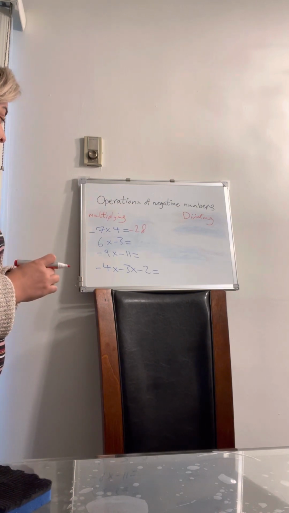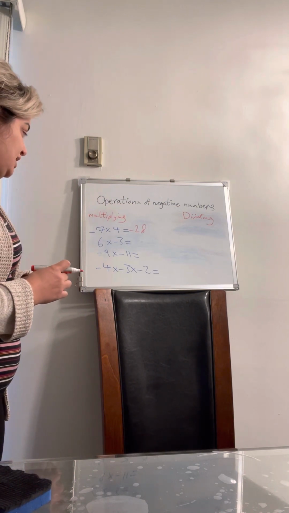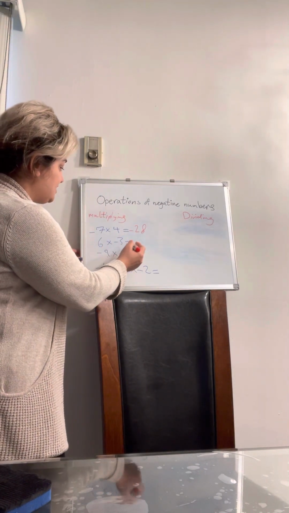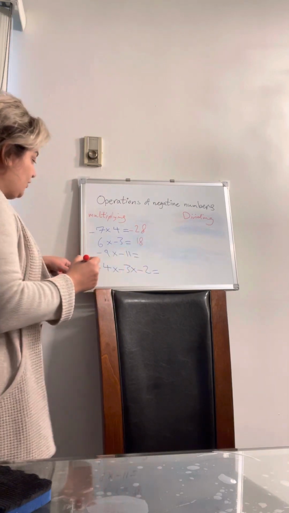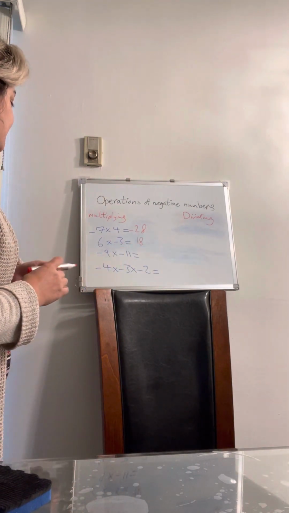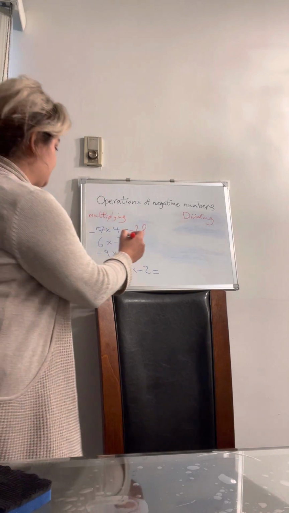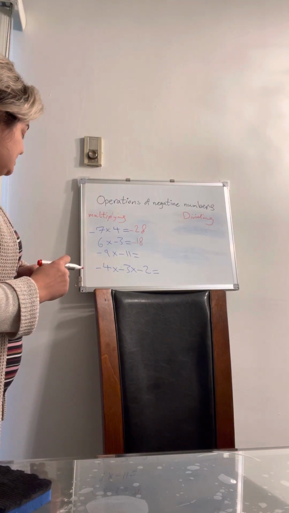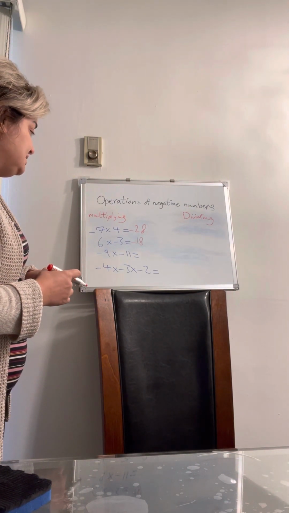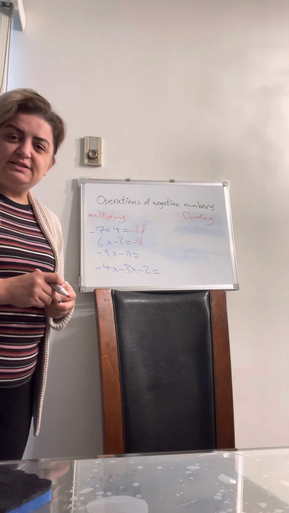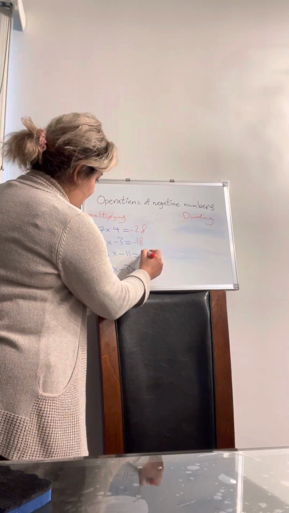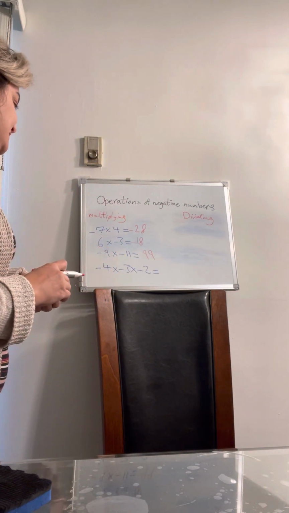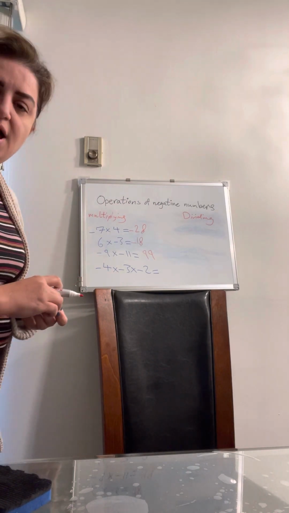The second example is 6 times negative 3. First, we multiply the two numbers together. 6 times 3 is 18. We look at how many negatives we have in the example. One. We bring it before our answer. The third example is negative 9 times negative 11. 9 times 11 is 99. Now we look at how many negatives we have. Two.